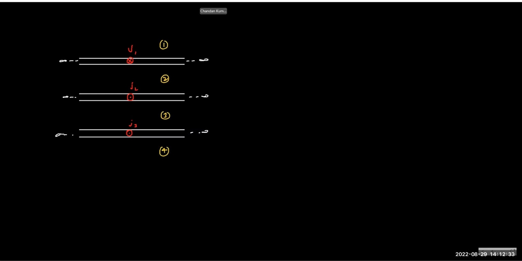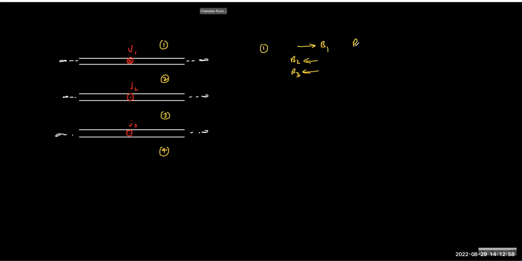So the magnetic field at region 1 will be found one by one. So at 1, the first will create right, yes, and the second will also create left. Second will create left actually. Third will also create left. So you can choose right as positive, then left will be negative, and vice versa.